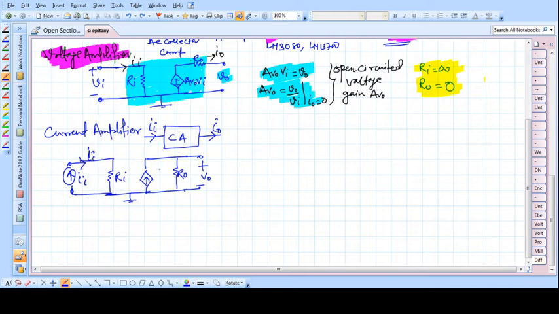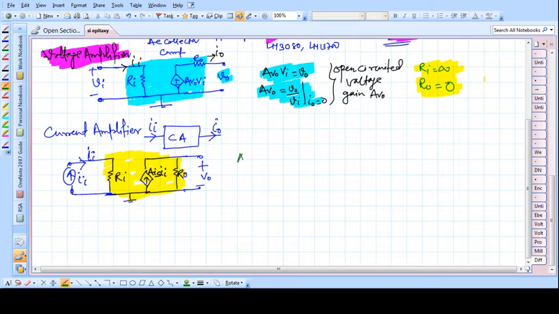So this should be our AIS, and AIS into Ii is the current source. So this one is the current amplifier equivalent circuit.